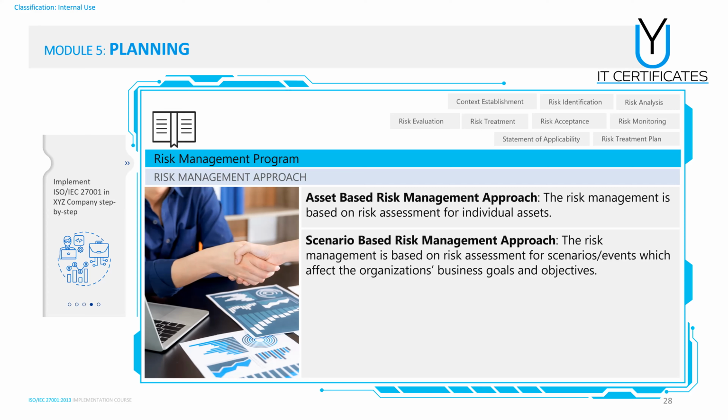For example, if I have a virus which affects the desktop, I analyze the Windows desktops, the possibility of attacks, impact, probability, and so on. But when the virus infects the whole network, it does not affect the desktops only. It affects the desktops, servers, database servers, and so on.